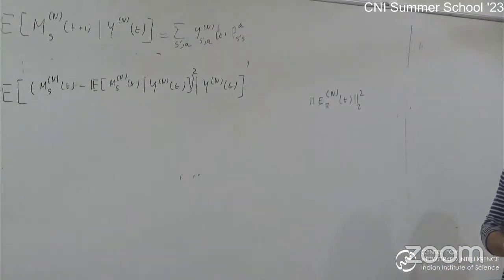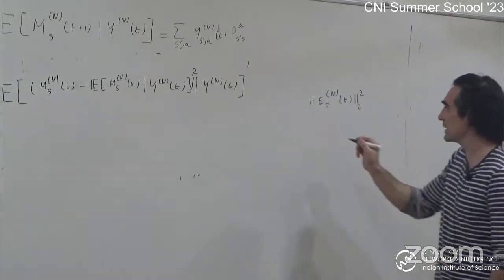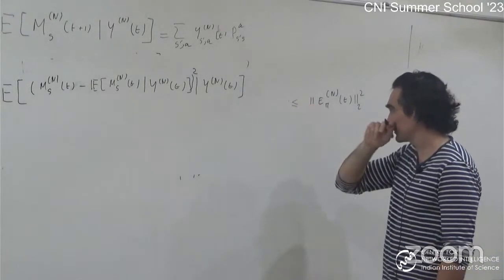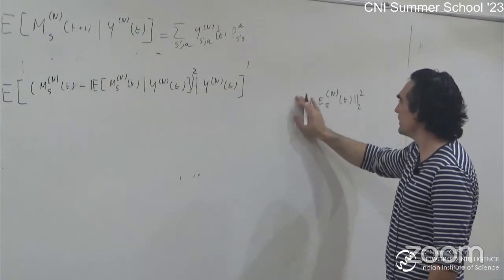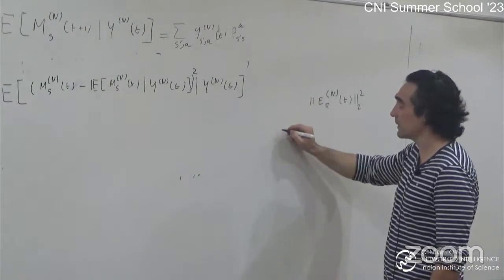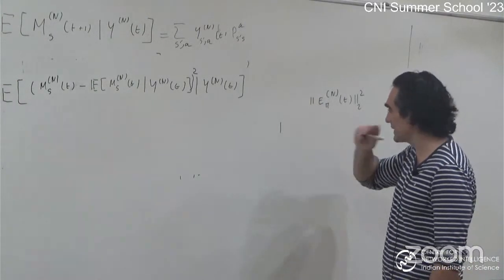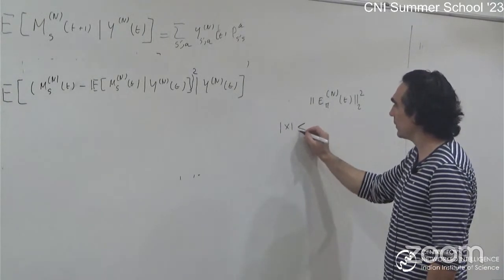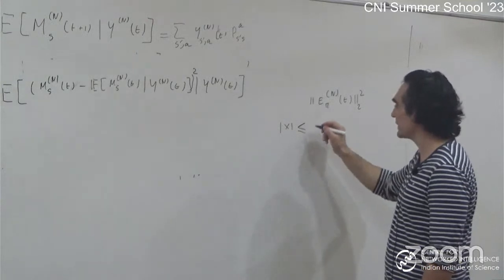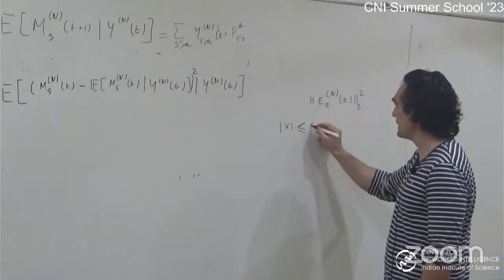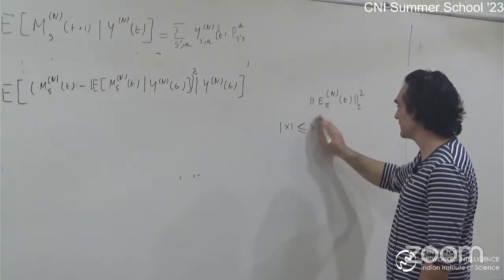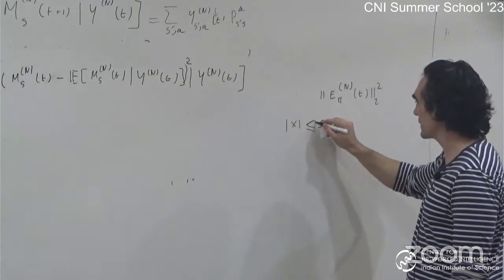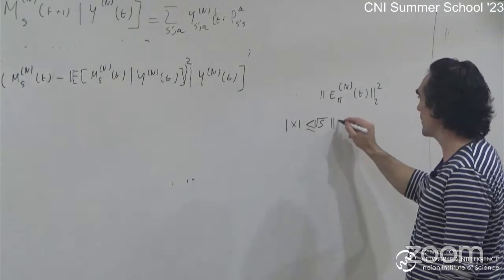And I'm looking to do that because what you can prove is that first I have the simple Cauchy-Schwarz inequality, that the norm of x is smaller than the square root of the dimension of x, let's say s, multiplied by the norm of x squared.